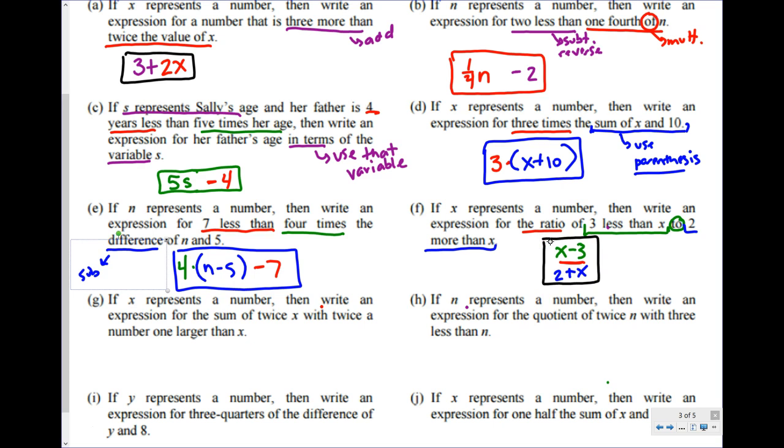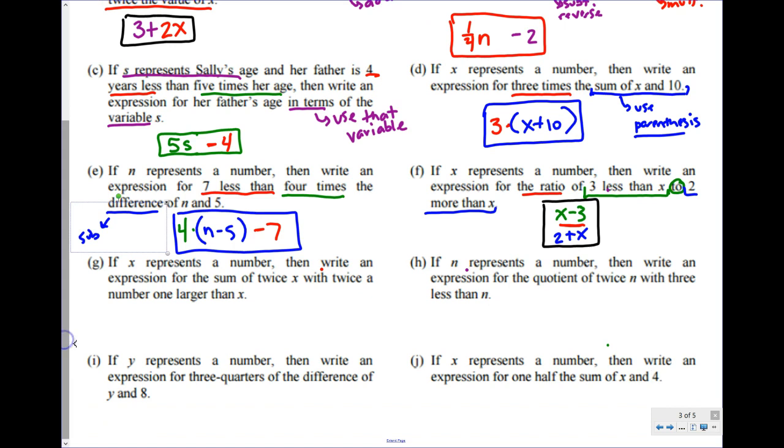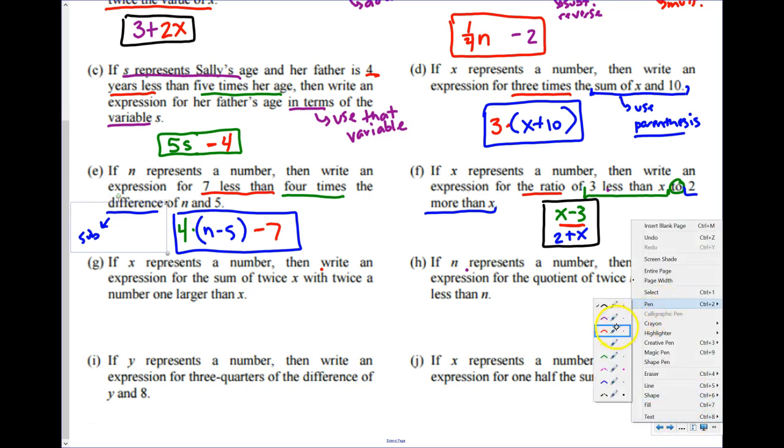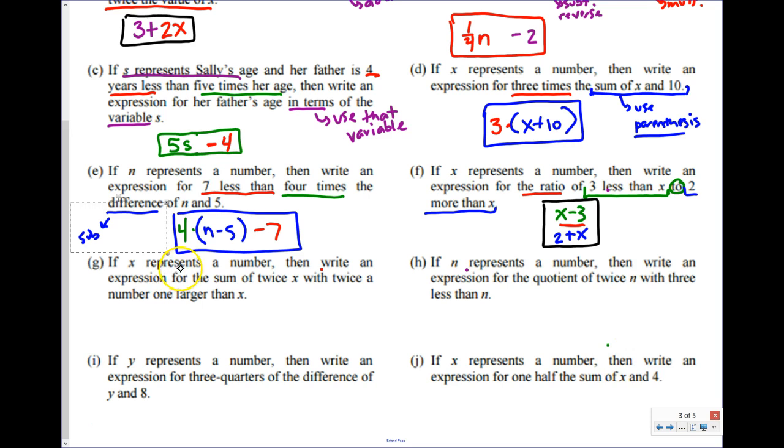Okay? Letter G. If x represents a number, then write an expression for the sum of twice x with twice a number 1 larger than x. When you read it out loud all like that all at once, it's really scary, so we're going to break it up again. I'm going to stop where I see write an expression for the sum of, okay, that's my first clue, I'm going to have addition, twice x with, that with is where I'm going to have my plus sign.